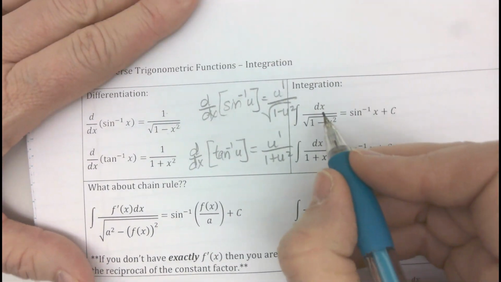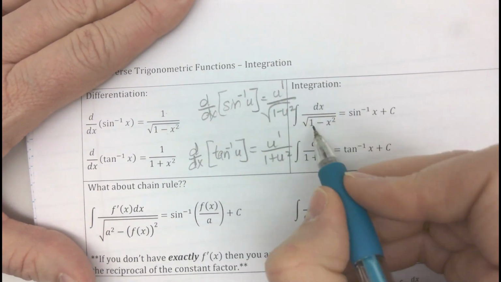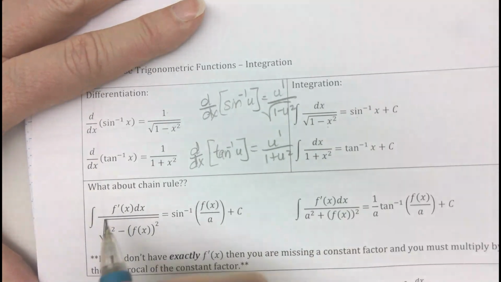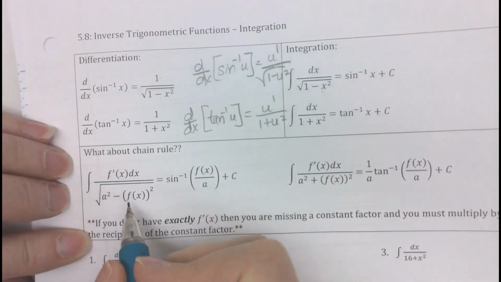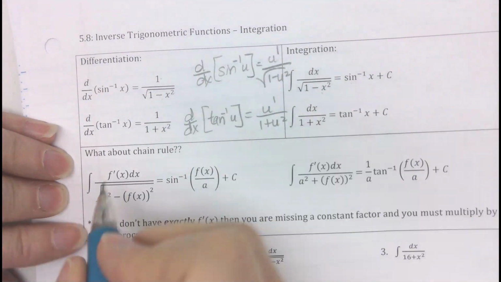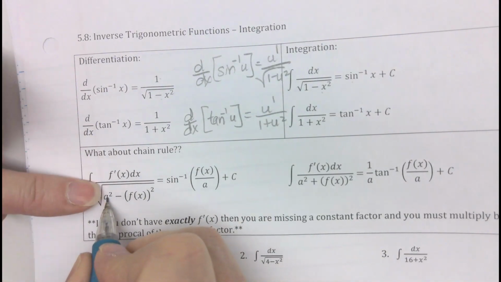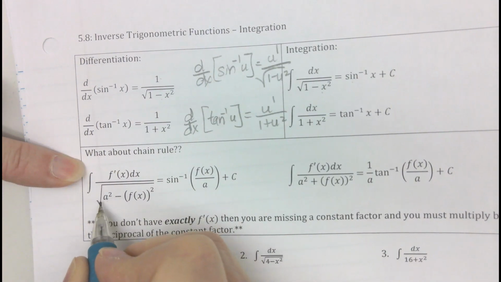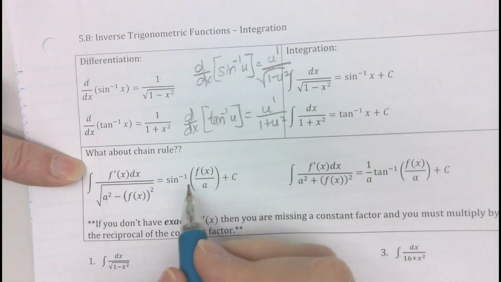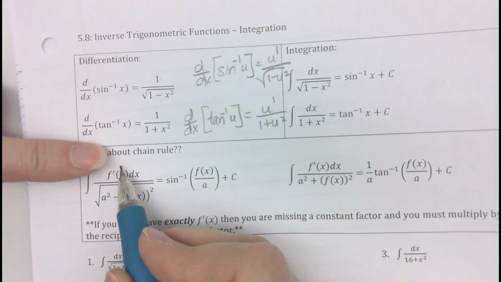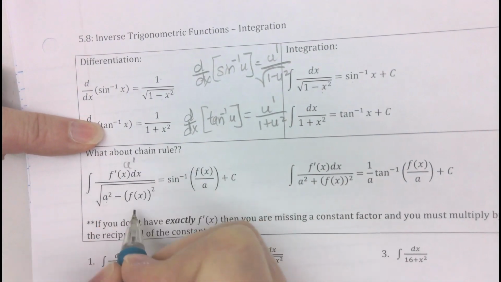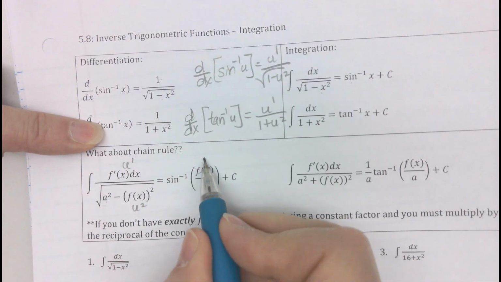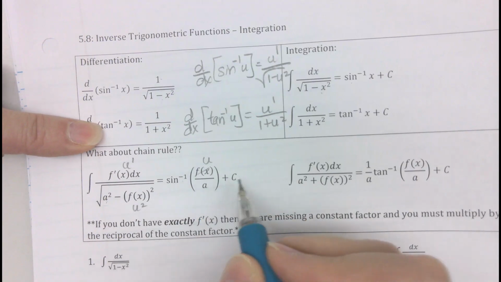So, the integral of dx over square root of 1 minus x squared is the inverse sine of x. Now, there's a little addition if it's not a plain x. This could be something also other than 1. So, if we have a number squared there, then the integral of du or u prime over square root of a squared minus u squared would be the inverse sine of u over a plus c.